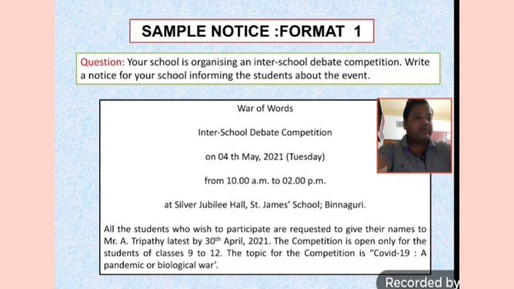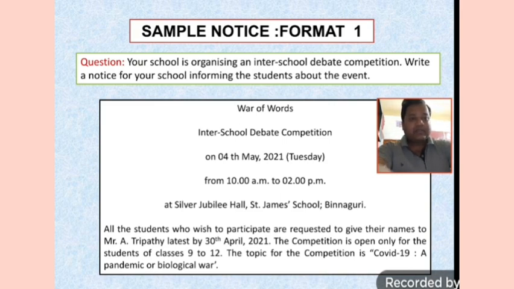The competition is open only for the students of classes 9 to 12. The topic for the competition is COVID-19, a pandemic or biological war. So this is how the notice will look when written according to format 1. I will be sending this notice to you for your reference.